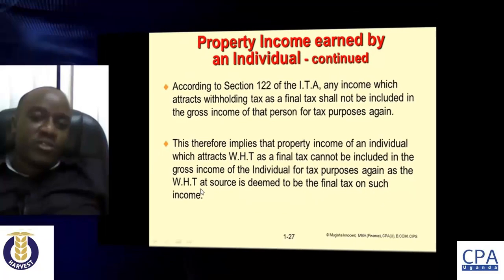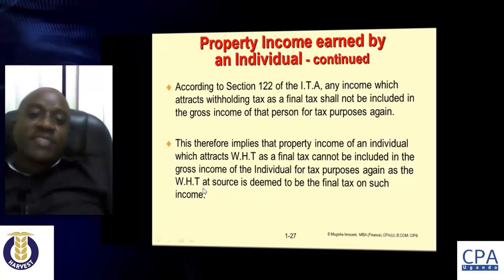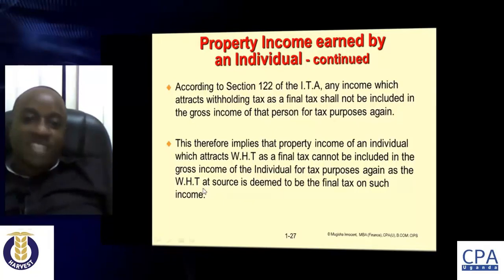So this is the relief to you if you're an individual. The withholding tax you have paid on your property income is the final tax. And this is the law, which is saying that we are not going to gross it up again with any other income. Now, assuming you have earned employment income, we are not going to gross up your employment income with your property income.